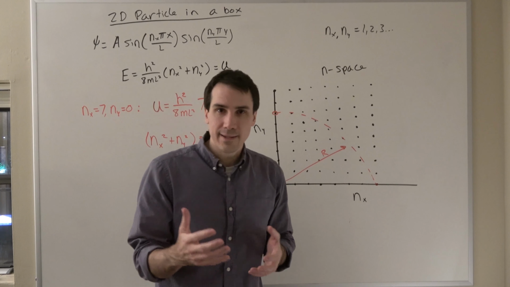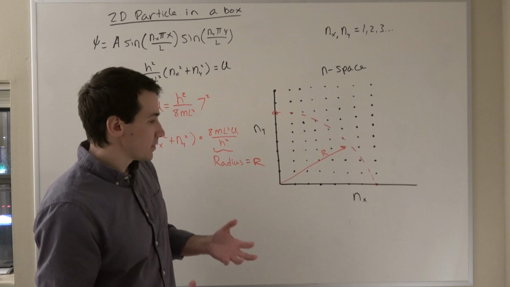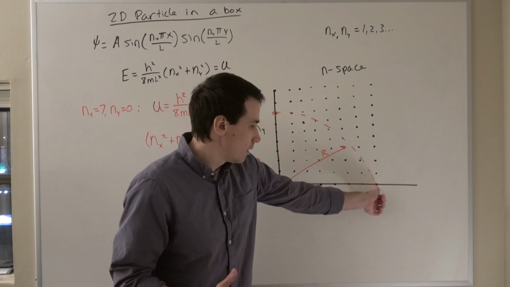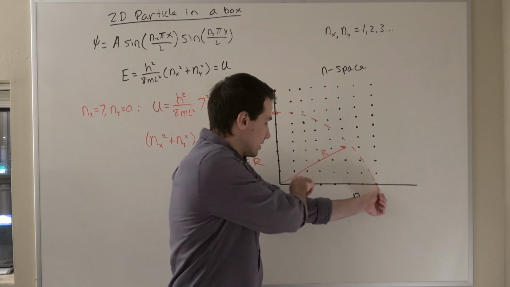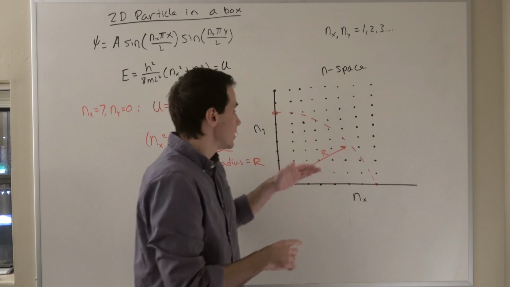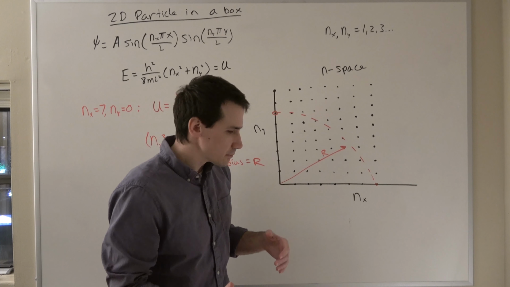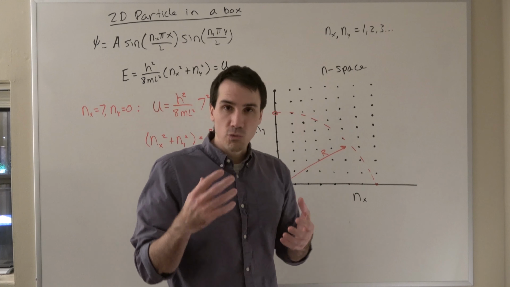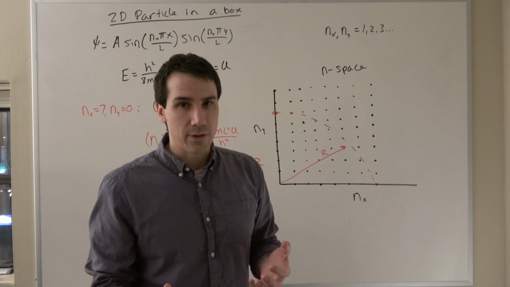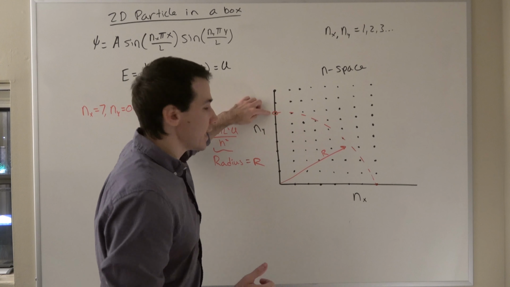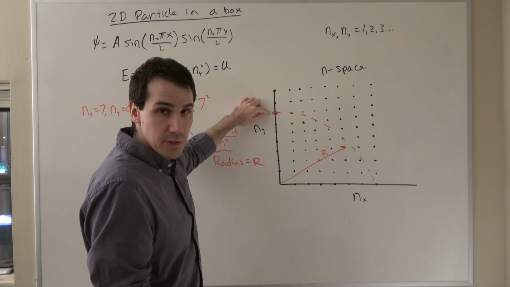Okay, so the state that I chose, which is nx equals 7 and ny equals 0, falls right here. It's 7 dots over to the right, 0 dots up because ny equals 0. Now, I know there's at least one other state with exactly the same energy, which is if ny equals 7 and nx equals 0, right?